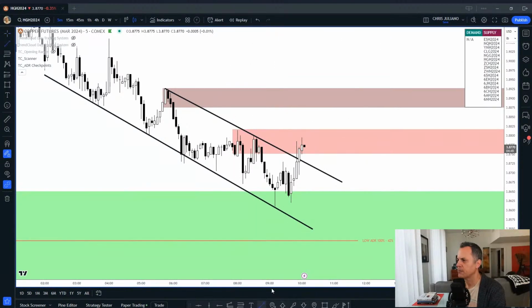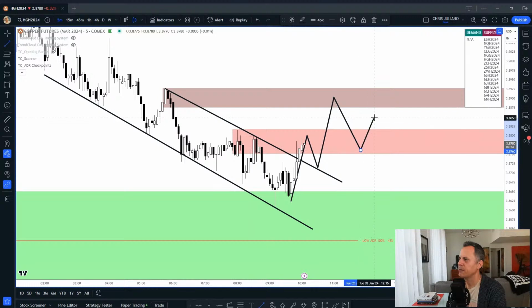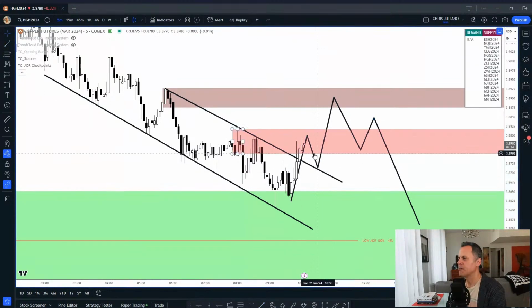Breaks out. Trend line break, right? Maybe it finds support and then moves to here for the move down. And maybe that looks something like this. Back into here. And then it's going to do something again. Okay, so that is a possible move.